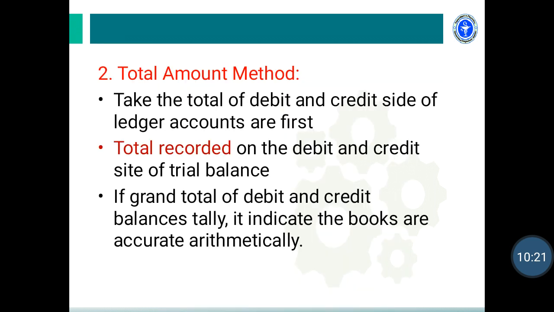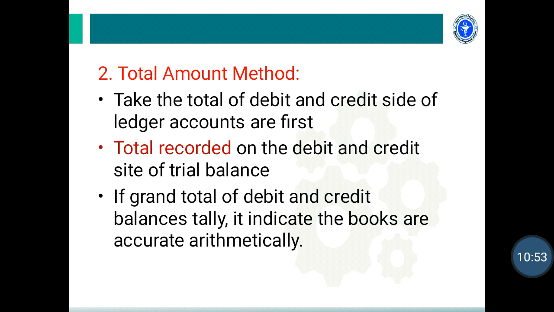Then the second method, total amount method. In this method, we first take the total of the debit and credit side of ledger accounts. That means take the total of the debit and credit side of ledger accounts firstly. Then these totals are recorded on the debit and the credit side of the trial balance.